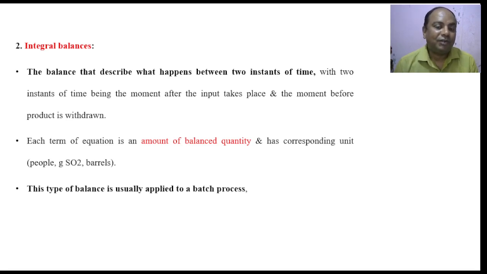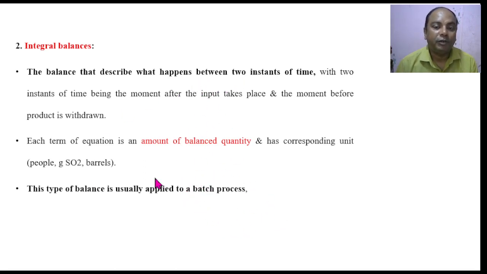Then that state, which is what we are expecting, is obtained. Then we take out all that mass from that particular batch process unit. The two instants of time are actually possible in a batch process, we can observe them in the batch process only.